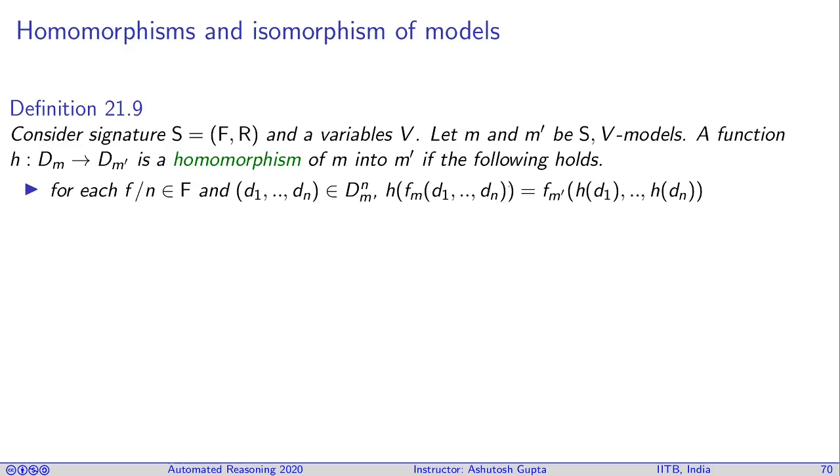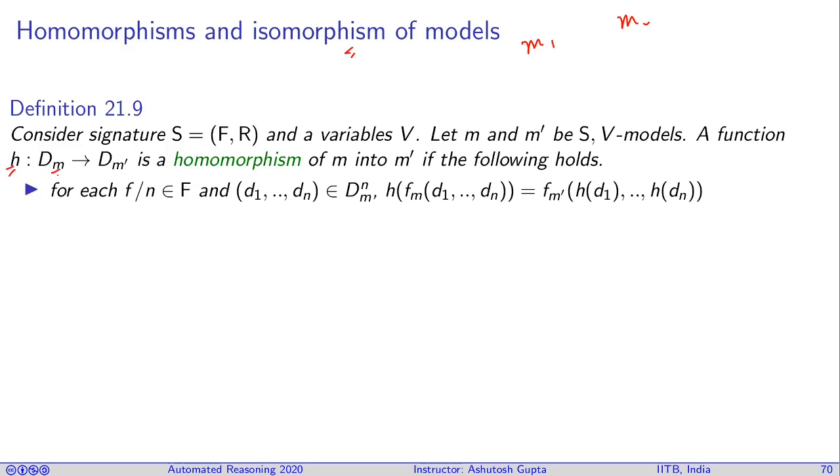So now let us define something called homomorphism and isomorphism. It relates to models. If I give you models M1 and M2, we can say that they are behaving in a similar way if the following holds: if there is a homomorphism between them.